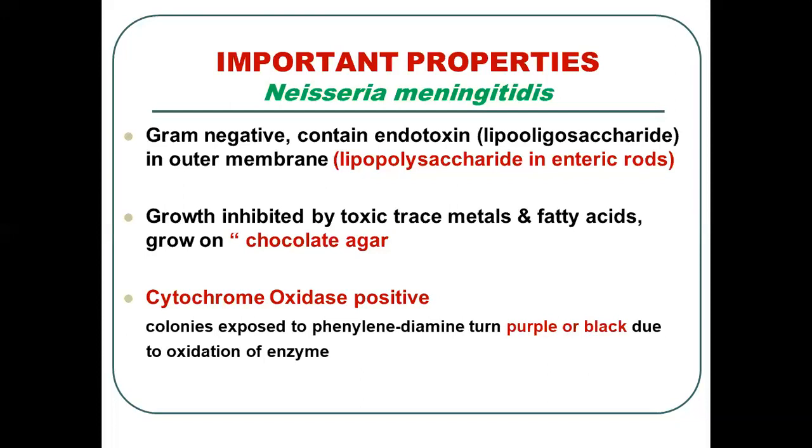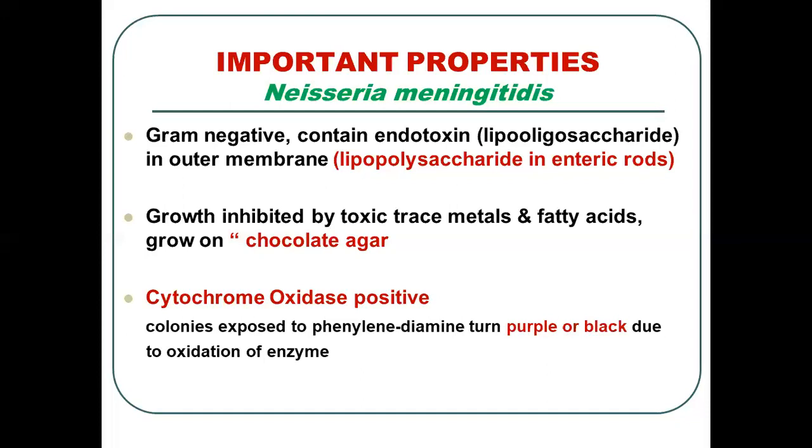But the outer membrane of enteric rods is lipopolysaccharide in nature, whereas the outer membrane of Neisseria is lipooligosaccharide, meaning it has a short chain of saccharides rather than a long chain. So this is the major difference we have to keep in mind: the oligosaccharide layer in Neisseria compared to the enteric rods.